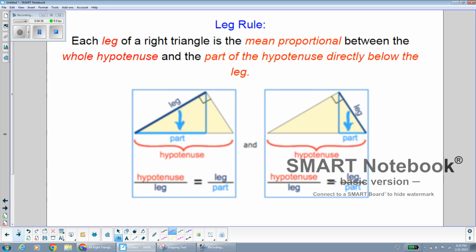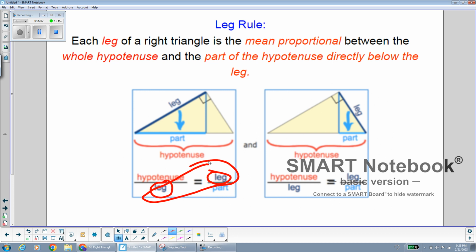The leg rule says that each leg of a right triangle is the mean proportional between the whole hypotenuse and the part of the hypotenuse directly below the leg. Mean proportional just means that in the proportion, it gets written twice so that when we cross multiply, it gets multiplied by itself.